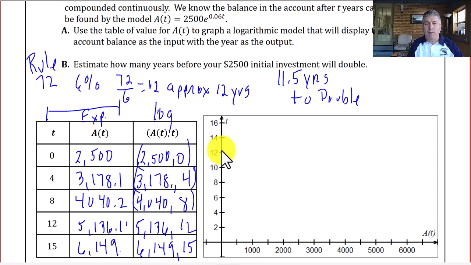Our time is now on our y-axis, and our amounts are now on our x-axis. We can input the ordered pairs from column 3 and plot those. I plot each of those ordered pairs, and we end up with this logarithmic model. I missed my points, but you get the general shape of that curve in our logarithmic models.